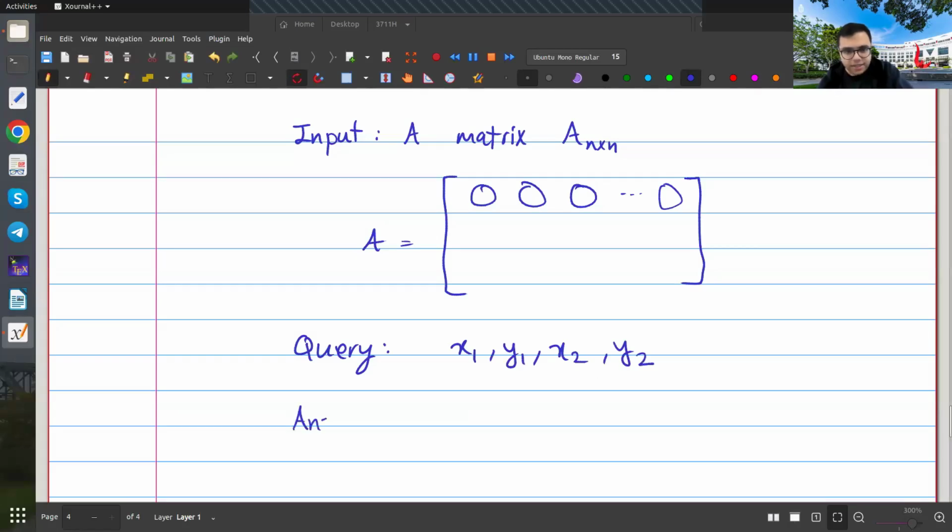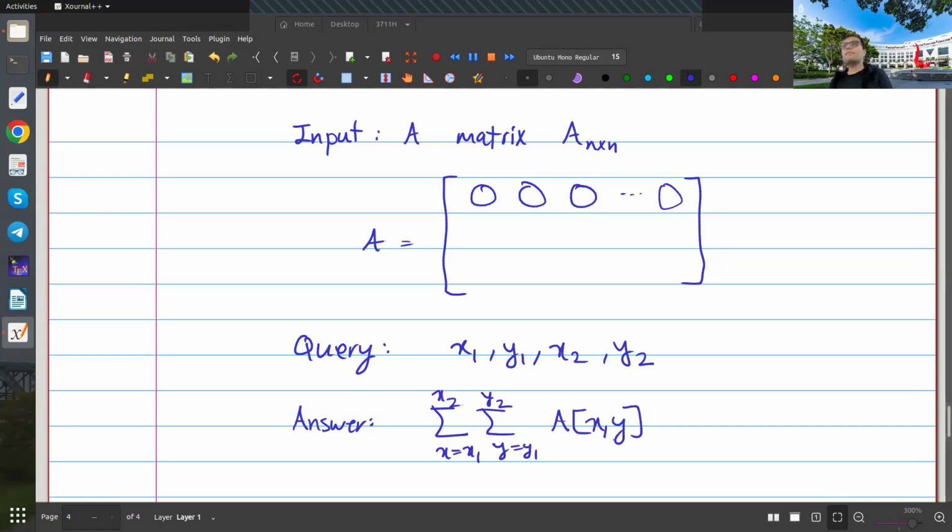And the answer to the query should be the sum of every x from x1 to x2, the sum of every y from y1 to y2 of a xy. Okay, so every query is just giving me some submatrix, some rectangle, and is asking me what is the sum.